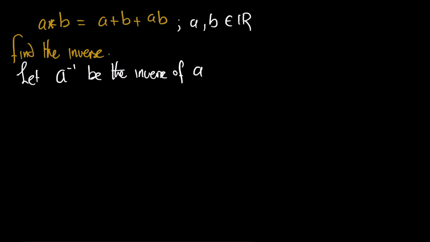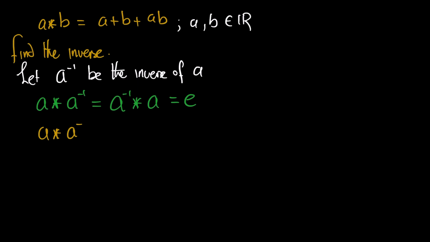Let's take it again. We are saying that if you have A star the inverse of A, it is the same as the inverse of A star A, which is the commutative property, and should give us the identity element.